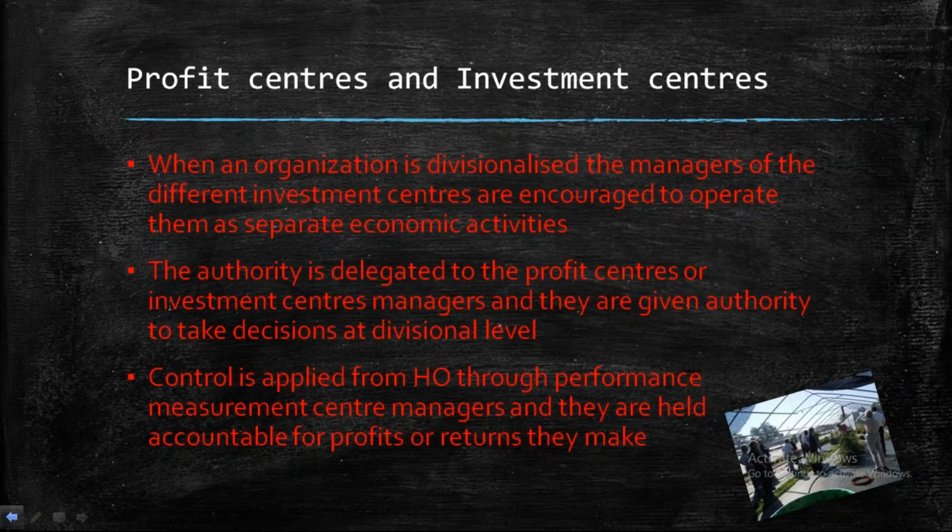Each subsidiary will take its own decisions. They are given authority to take decisions at their subsidiary level. Obviously, each board will have a separate set of directors, but of course they will apply some control from the head office. Head office in this case will be the main company. That's how things will work out here.